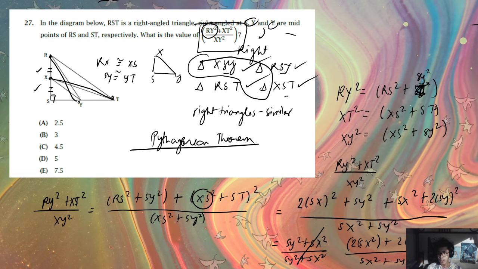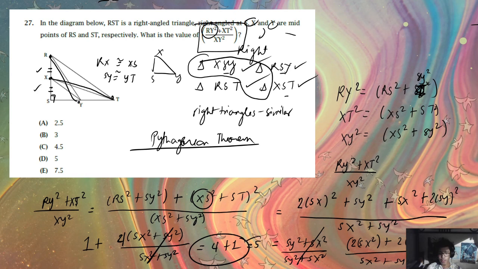So we can factor this out. If you factor that out, that should give you 2 times the quantity SX squared plus SY squared. And 2 plus 2 should give us 4, and we have here a value of 1 all over SX squared plus SY squared. Now this gets canceled out, and that should give us 4 plus 1, which is 5.